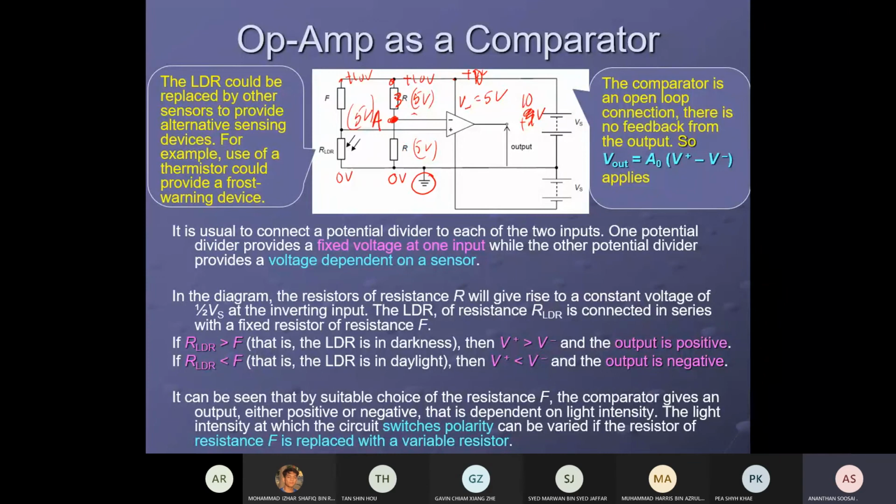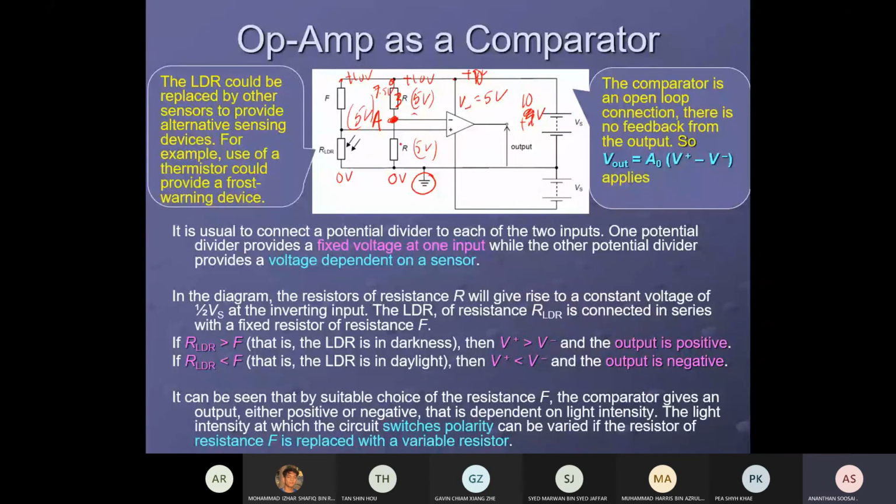The ratio of the resistance is the voltage used by that resistance, right? 3R, R. What is the voltage used by 3R? 3R divided by the total resistance, 4R, times the potential difference. What is the potential difference? 10, 0. So 10. So the voltage used up by 3R is 7.5 volt, right?